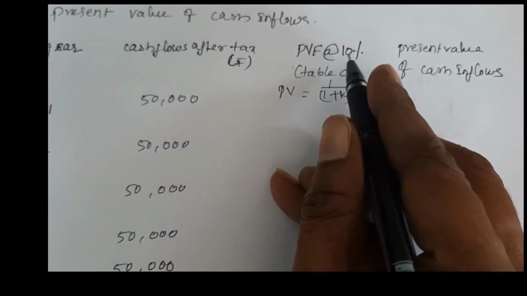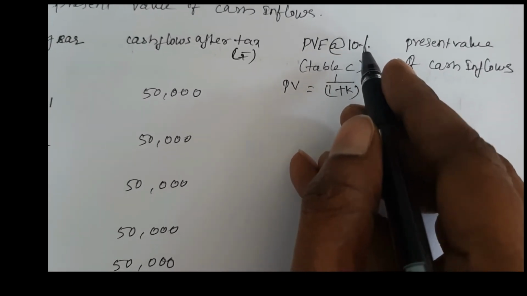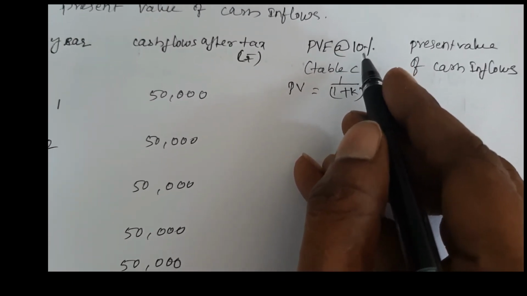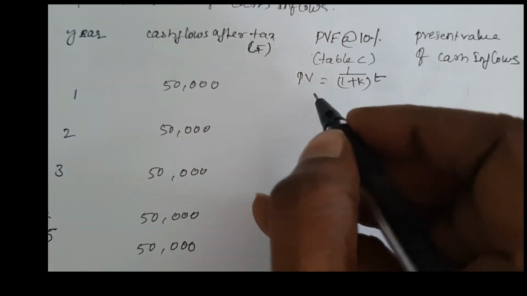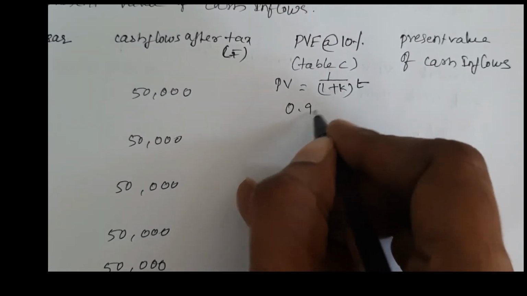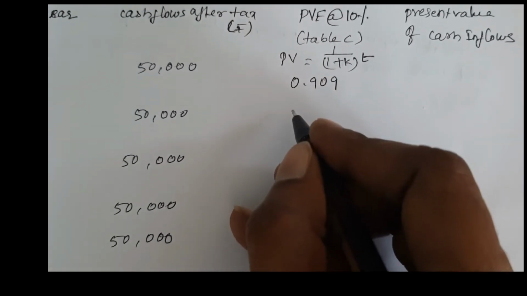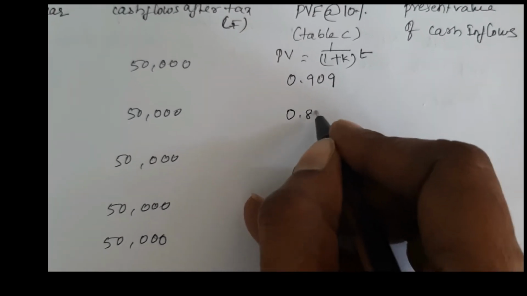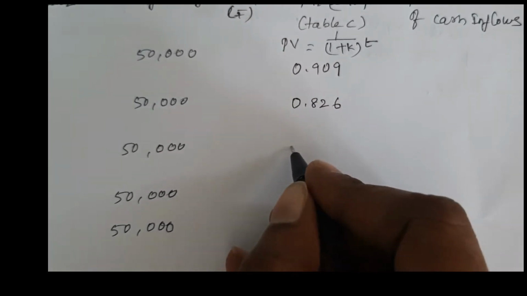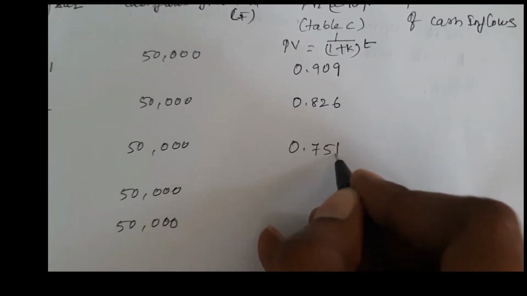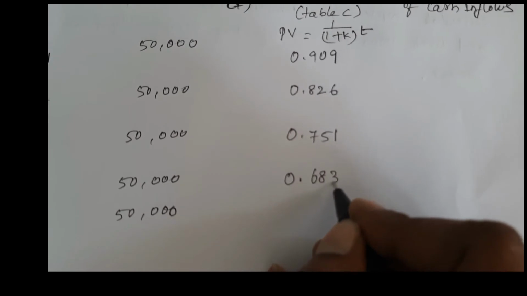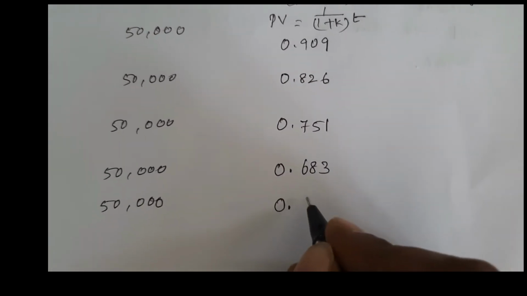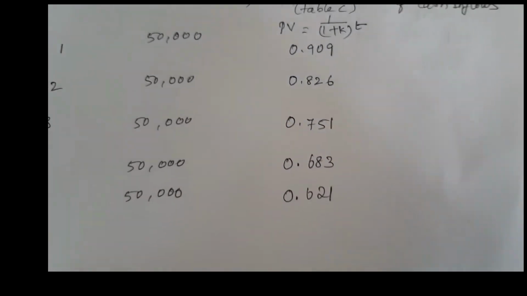In case of the first year, table C at 10% gives 0.909. In case of the second year it will be 0.826, third year 0.751, fourth year 0.683, and fifth year 0.621.